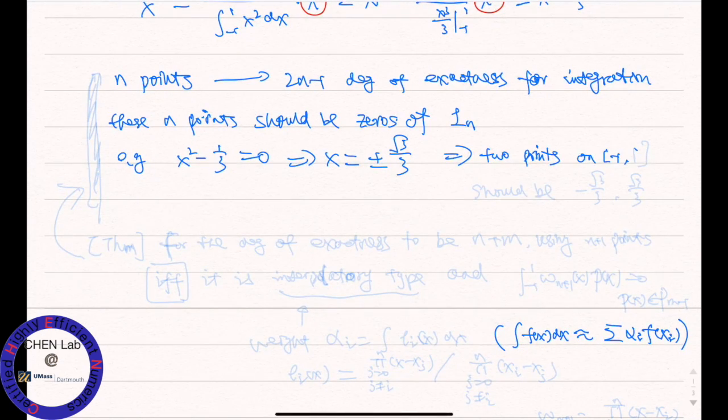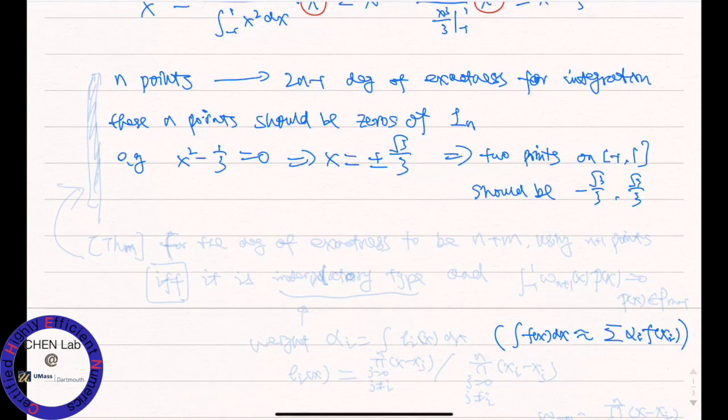On -1 to 1, you should not put the 2 endpoints, not the 2 middle points as in the Newton-Cotes, just put uniformly distributed points, but you should be smart and put negative square root of 3 over 3 and then positive square root of 3 over 3. Okay, so that's the power of this one particular application of the orthogonal polynomial.